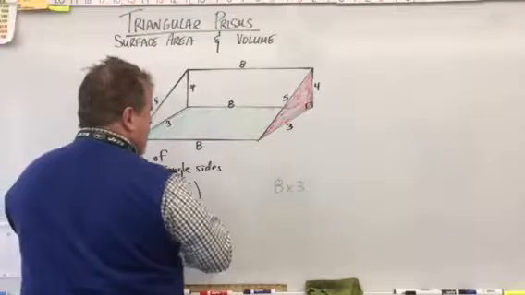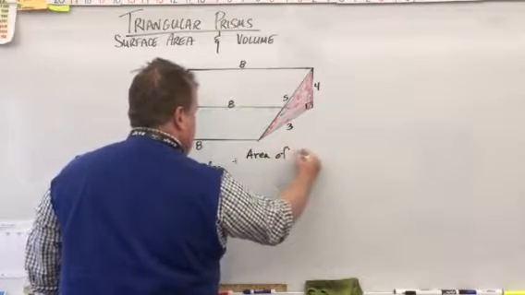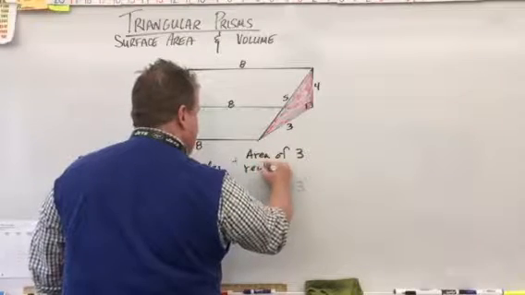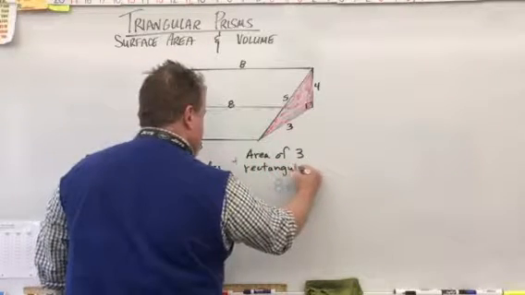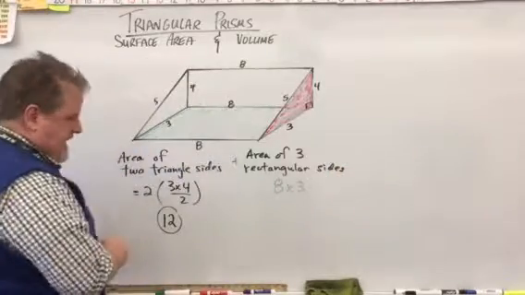So we're now adding the area of the three rectangular sides. And the first one is 8 by 3.